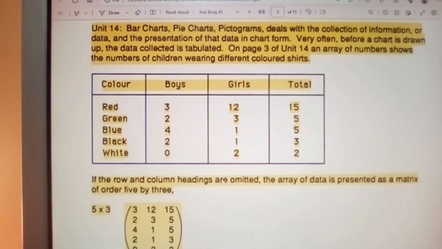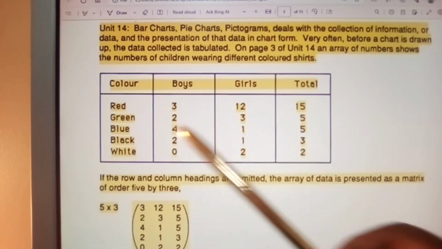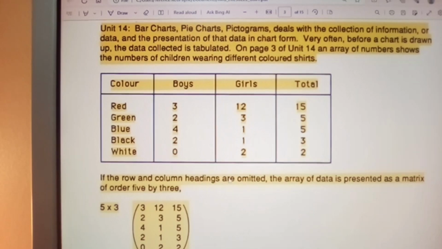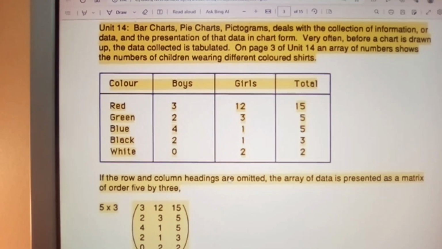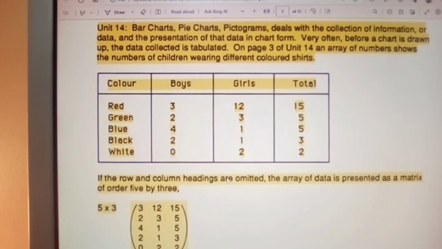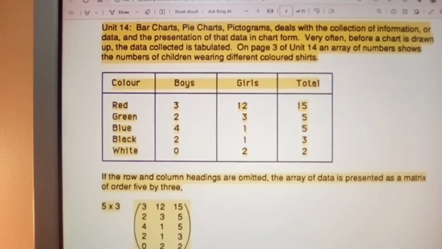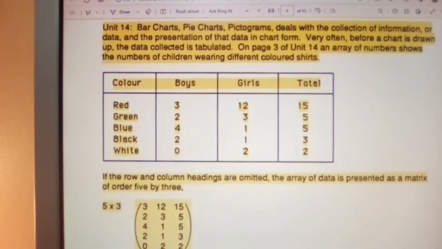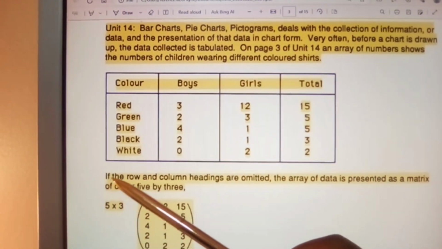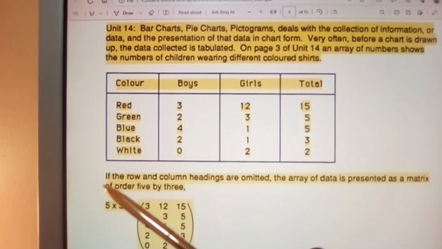So this matrix is going to be what? A 5 by... So, okay, it's a 5 by 3.